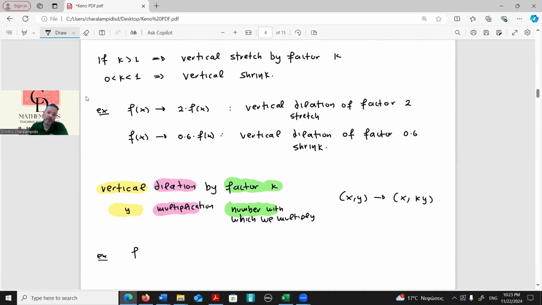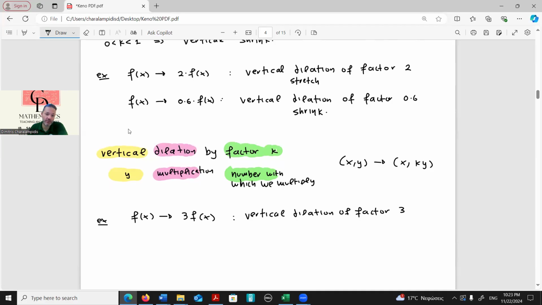For example, the f of x moving to 3f of x can be described as a vertical dilation of factor 3, which, as per instructions, can also mean that we should multiply, that stands for the dilation, the y, that has to do with the vertical, by 3.